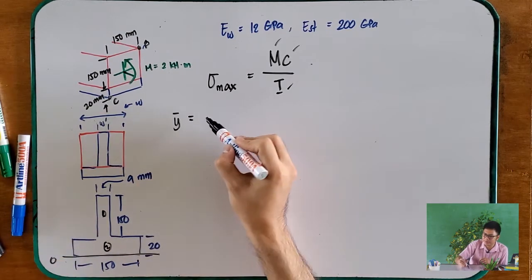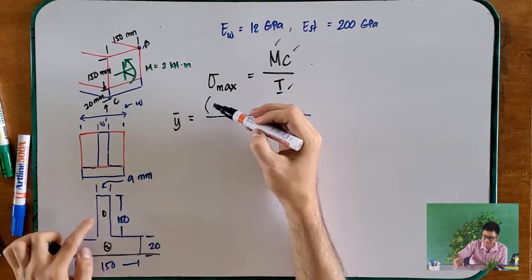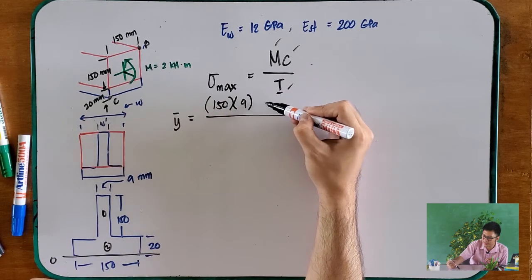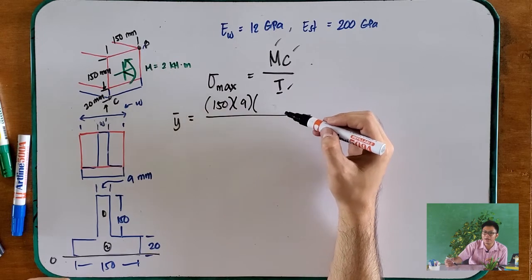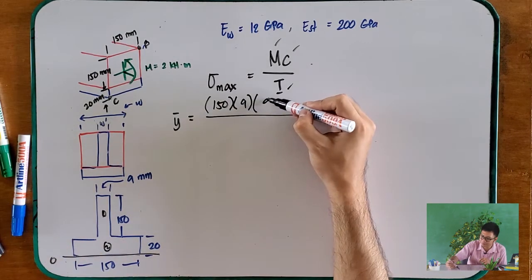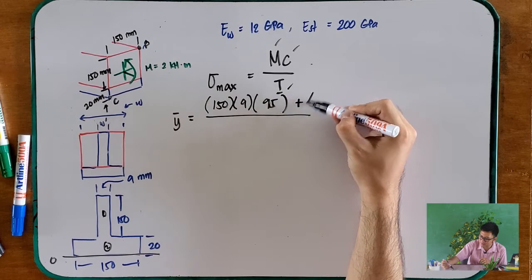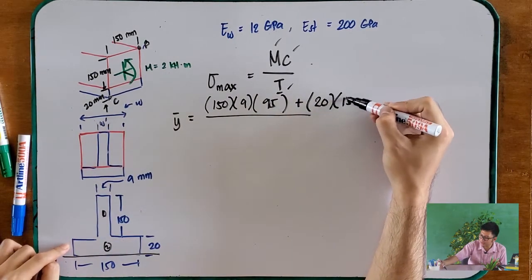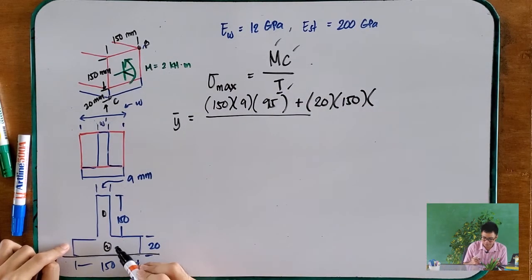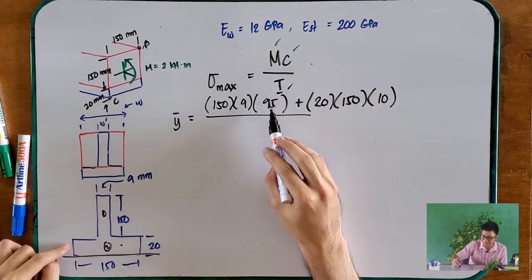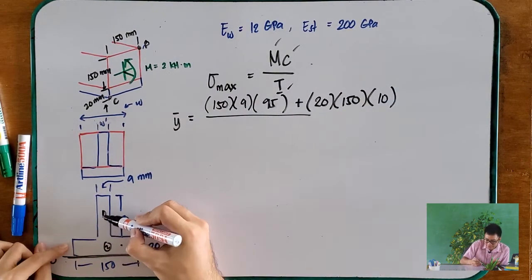So, let's do this. Area sa aning babaw, 150 times 9 millimeters. Y bar, 150 divided by 2 is 75. So, 20 plus 75, that is 95. Plus, kaning gamay, 20 times 150 multiplied by centroid pa dong sa ubos, that is 10. Ang kaning 95 ha, gikan diri pa dong sa centroid ani.